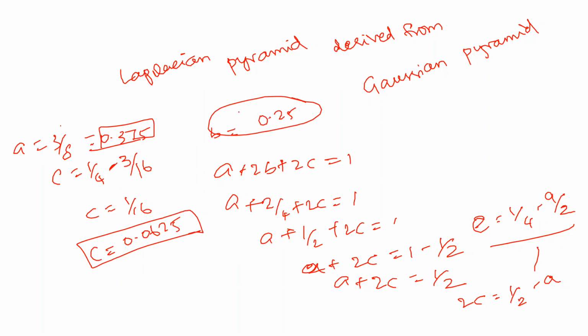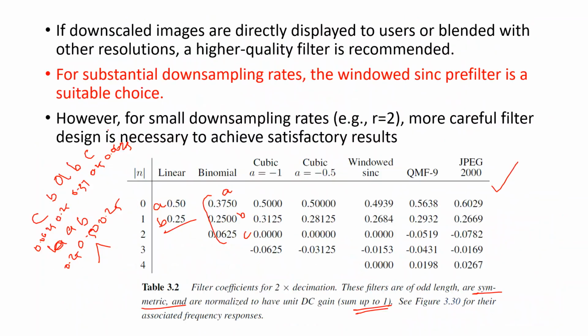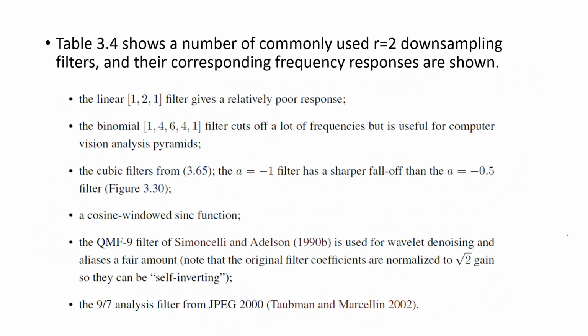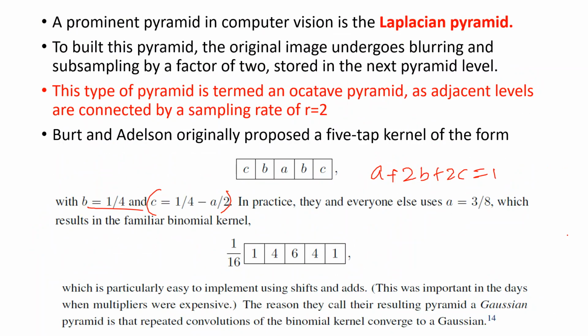We have three values. So on applying this in a kernel format, what results do you get? 0.0625, 0.25 and 0.375. That is what was mentioned in the previous table of binomial filter. So similarly, each filter value can be derived in different manners.